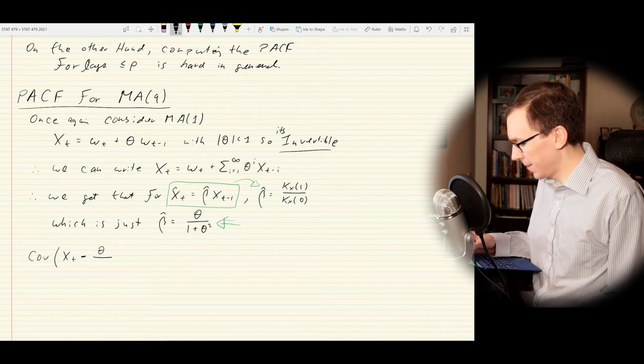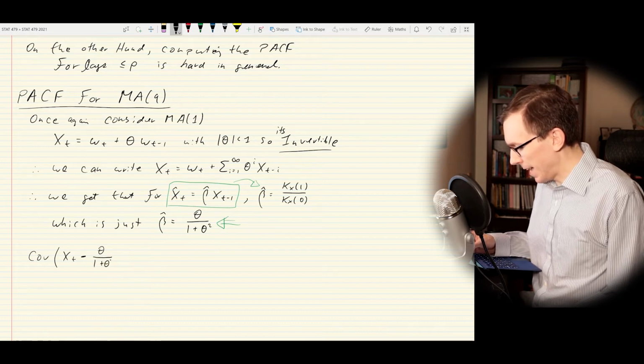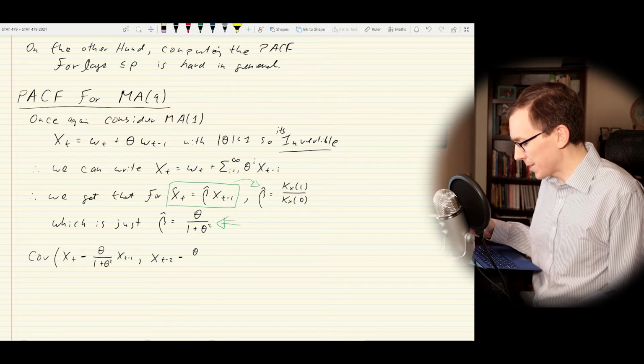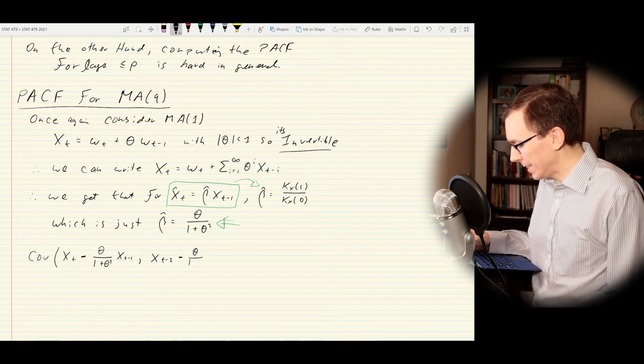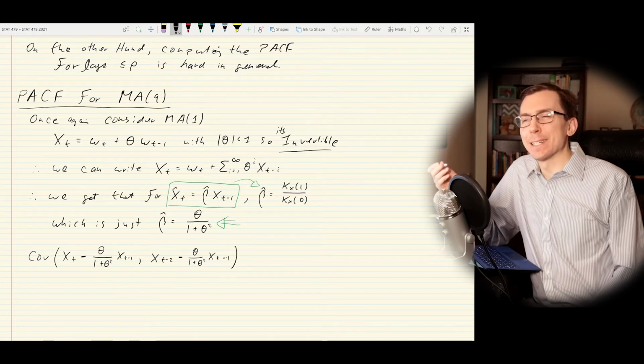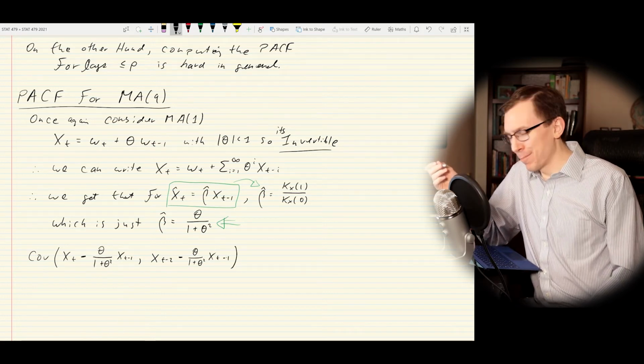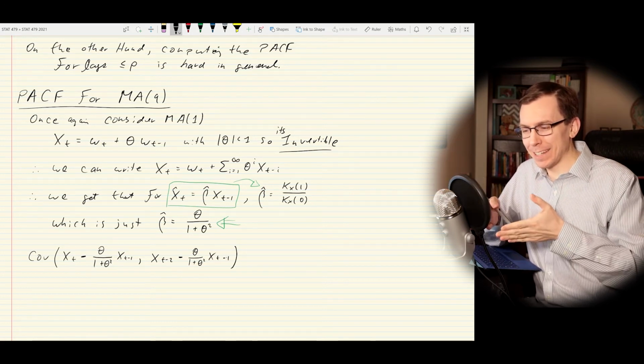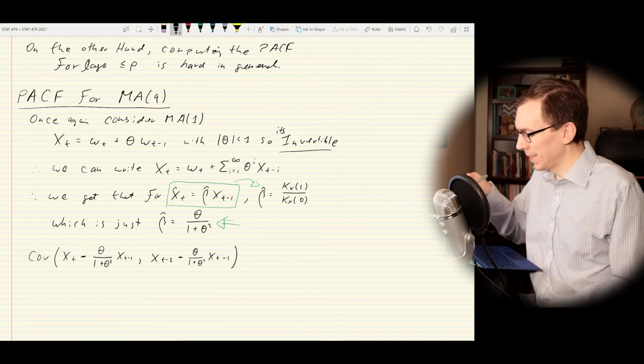If I compute the covariance between xt minus xt hat, which is going to look like this, and xt minus 2 minus xt minus 2 hat, which is the same thing, again by symmetry as we saw last time, we get the exact same thing here, xt minus 1. I always do find that a little bit surprising, that you're kind of predicting t and t minus 2 using the exact same thing because of this peculiar symmetry.